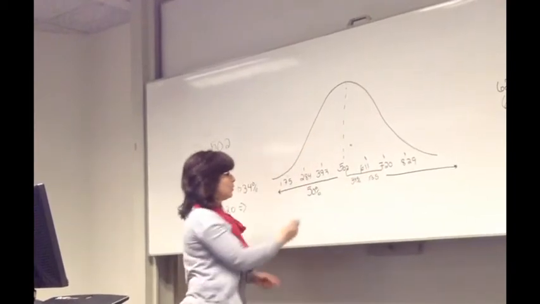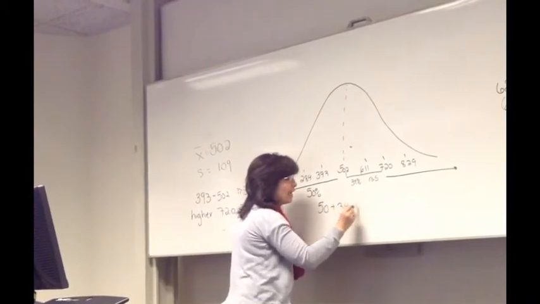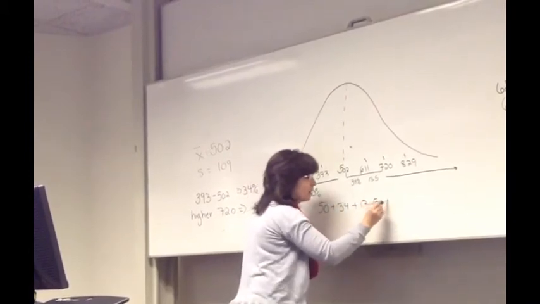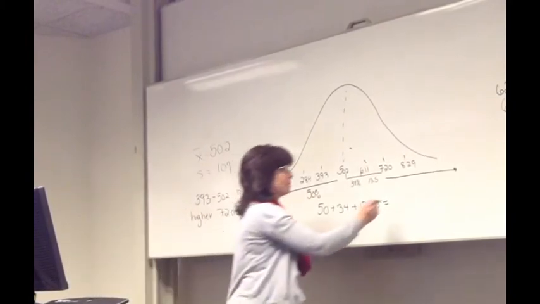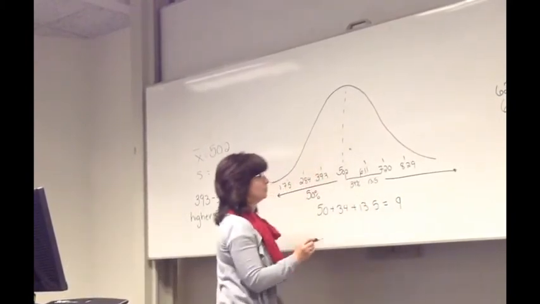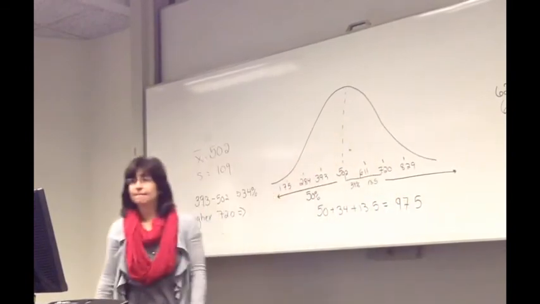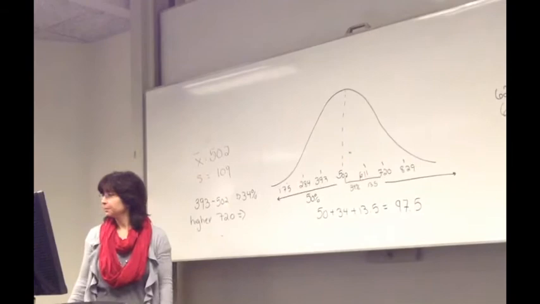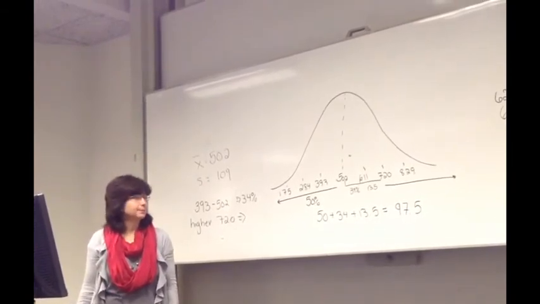If I were to add 50, 34, and 13 and a half, I'd get what? 97.5. Okay? Is that correct? Okay?